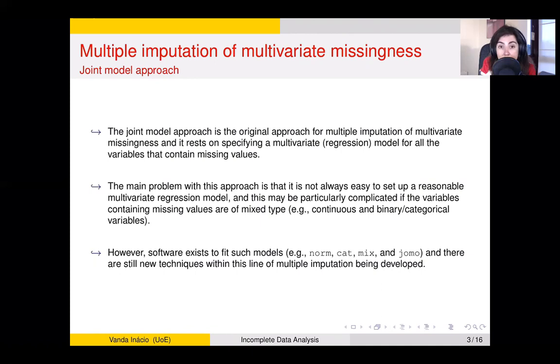And also, a further complication arises when we have variables with missing values of mixed type. For instance, imagine that we have one variable that has missing values and that variable is continuous and the other variable is binary or categorical. Then what is the model that we should use to jointly model these two variables?